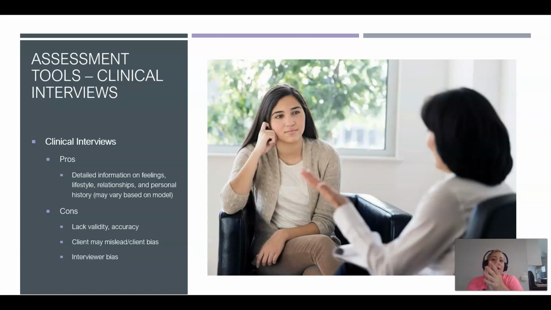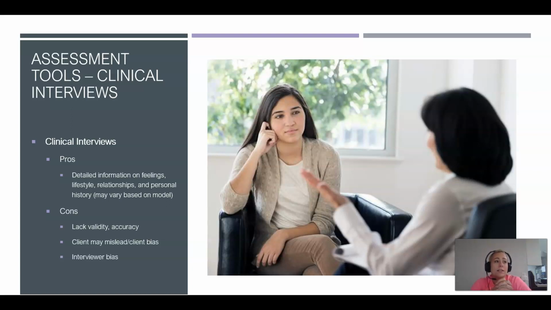And why do we say that? Because if we had 2 people conduct an interview on the same client, they may have different results. So that's not really good reliability. Moreover, with validity, we don't know that we're getting all of the information that we're trying to find, because sometimes clients may hide information for fear of embarrassment or shame, or sometimes there could be bias in the interviewer's skills without them knowing it, right?